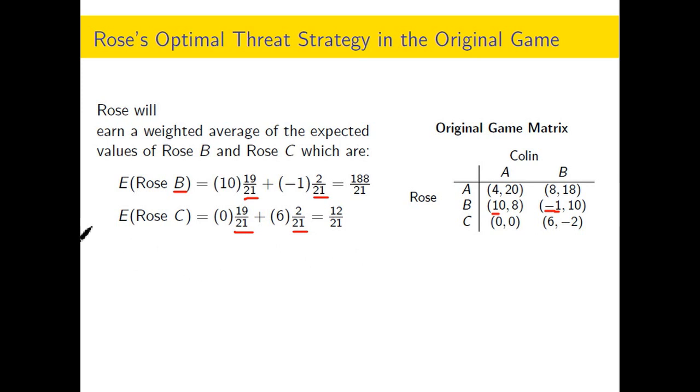So now we've got to remember she's going to play this 8/21 of the time. So if she plays it 21 times, 8 of those times she'll get the 188 over 21, and she's going to play row C 13/21. So again, if she plays this 21 times, she'll get 8 of these and 13 of these. So we're going to take this weighted average.